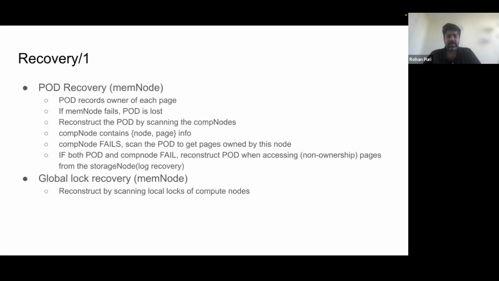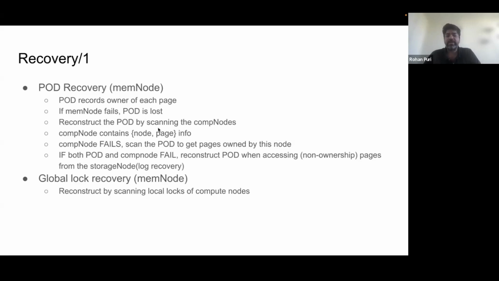So now let's get to the recovery part of this. How do you do a pod recovery, which is there at the memory node? The pod records ownership of each page, as we have seen. If the memory node fails, the pod is lost. But because the memory node is stateless and every compute node has ownership of its own pages, you can reconstruct the pod by scanning all the compute nodes.